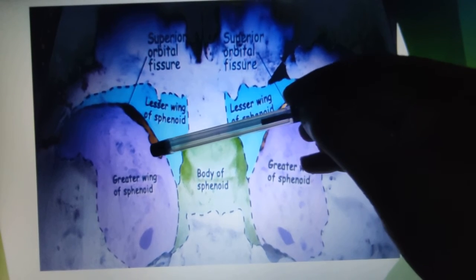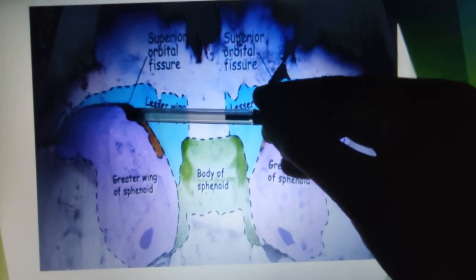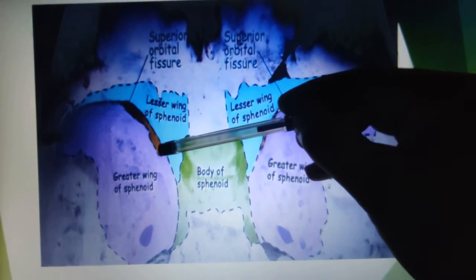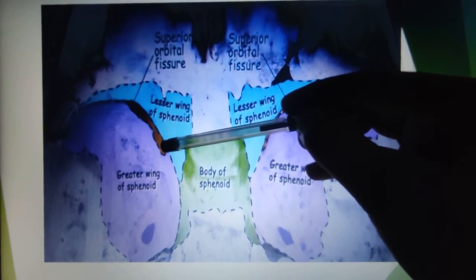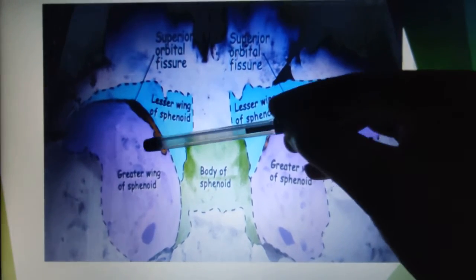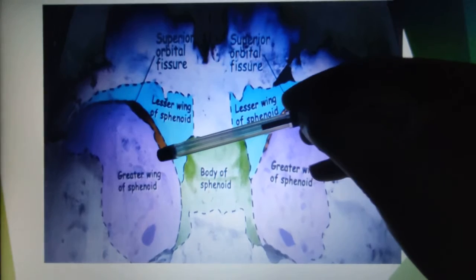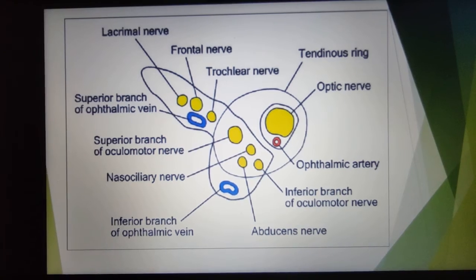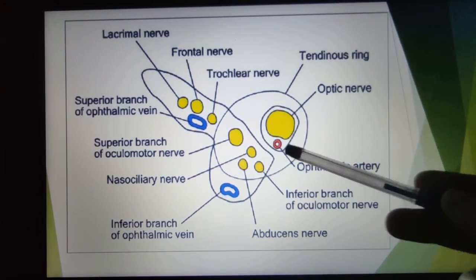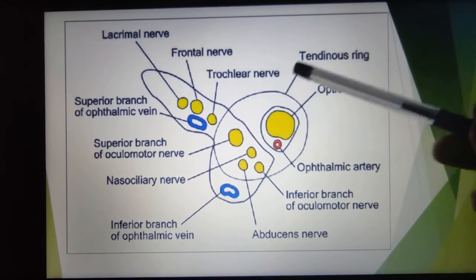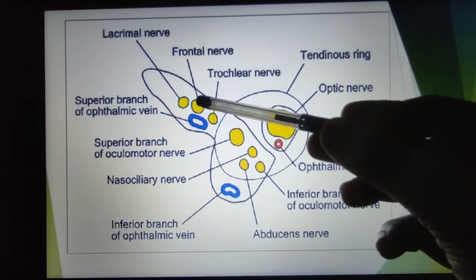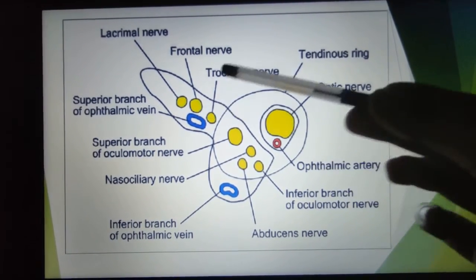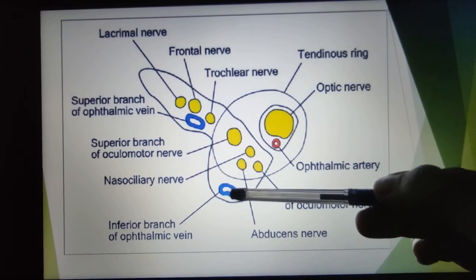Okay. So, how is it divided? It is divided into three parts: lateral, middle and medial. Let us see what structures pass through the superior orbital fissure. This is the picture of the superior orbital fissure. It is divided into three compartments: lateral, medial and middle.